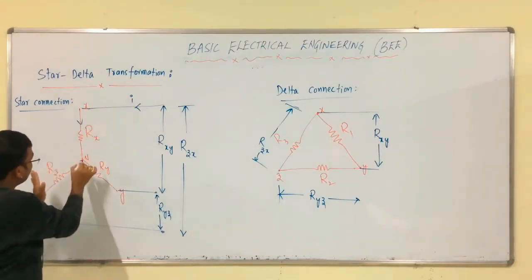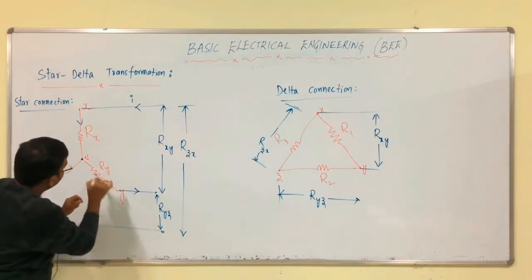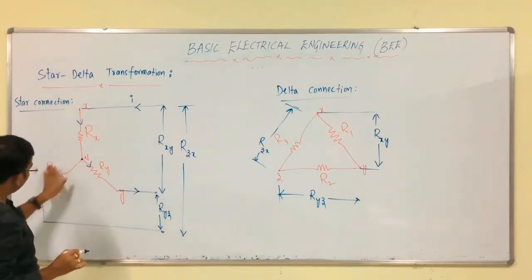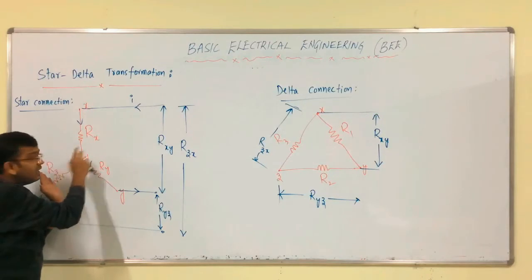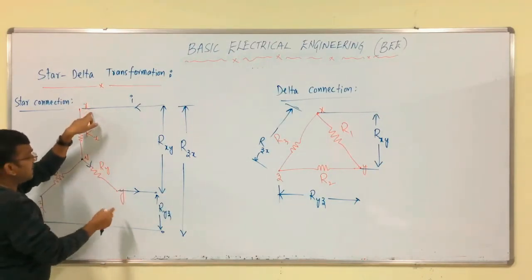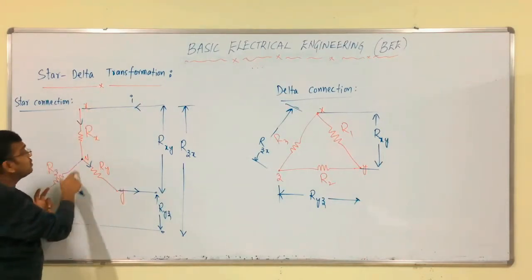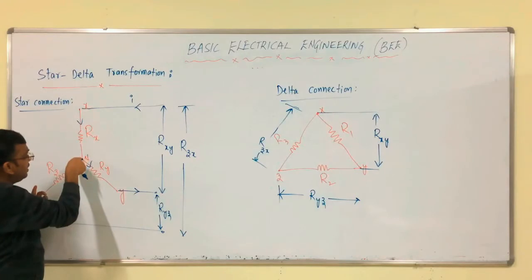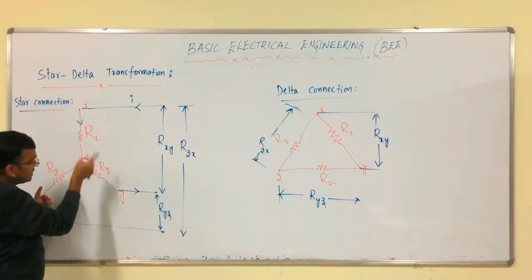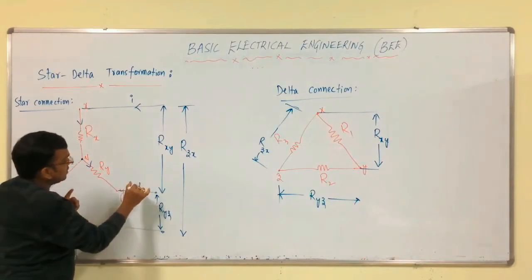So, this is a neutral point, and this branch could be neglected in this case. If we consider between x and y, this branch is neglected. So, the same amount of current enters the node and the same amount of current leaves.